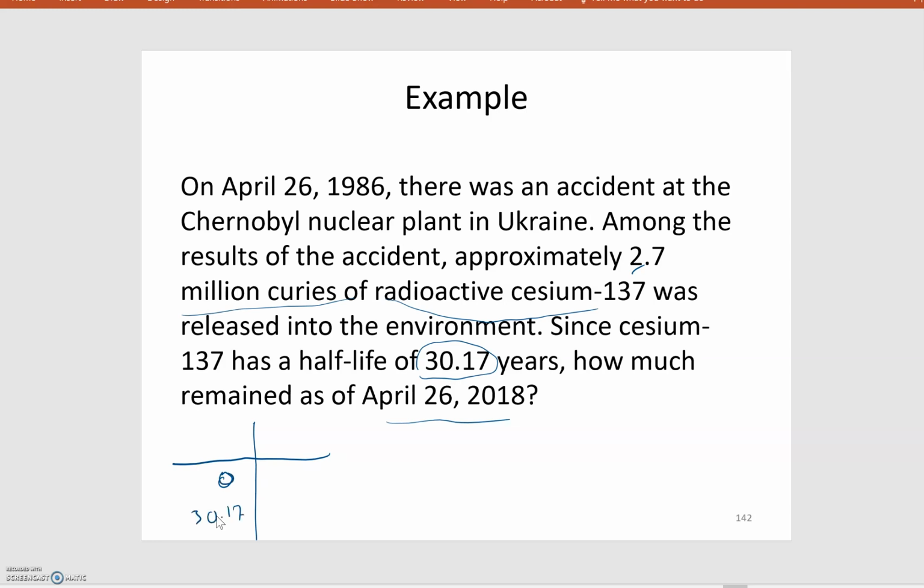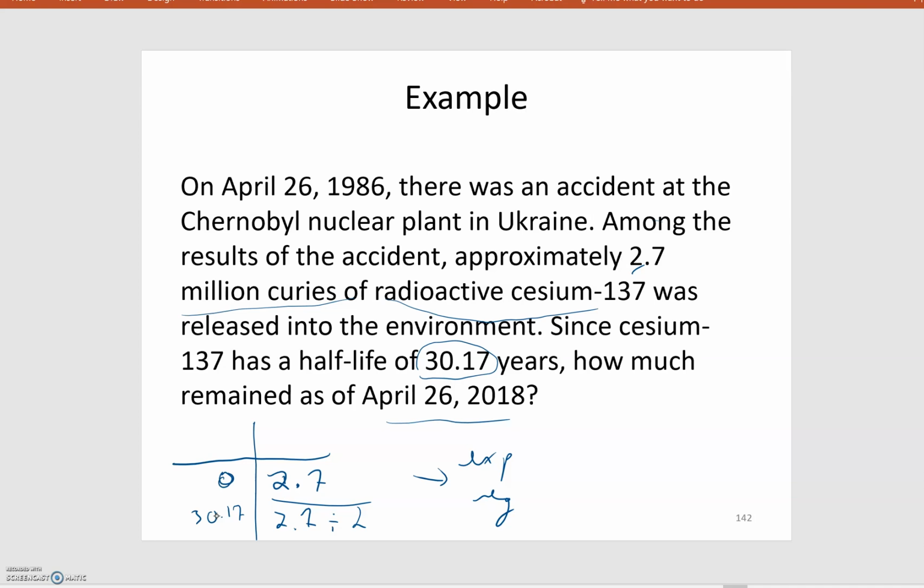That's my half-life. And then my initial amount, let's say it was 1 unit, 1 curie. Oh, I'm sorry, we actually had an initial amount, my bad. So let's just erase that. 2.7, and then what would go here would be just this number divided by 2. So you can literally just type in 2.7 divided by 2 into the entry, and then you'll do ExpReg, and that's going to give us our model.